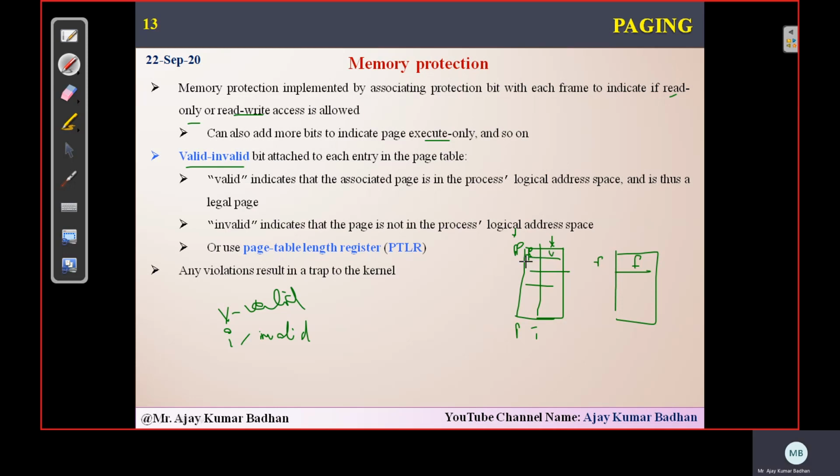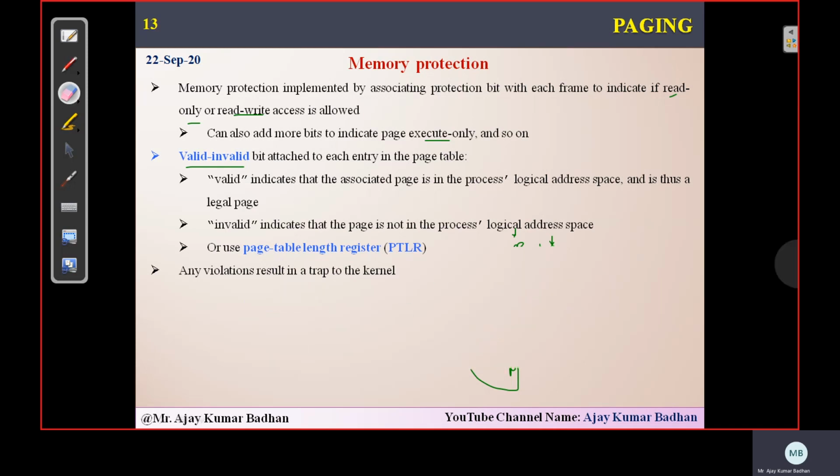So every frame number present in this page table will have valid or invalid information. Whenever this bit is set to invalid, that means we cannot access this particular page, so automatically this results in a trap whenever the CPU tries to access this page. Whenever the bit is valid, that means we can access this frame.